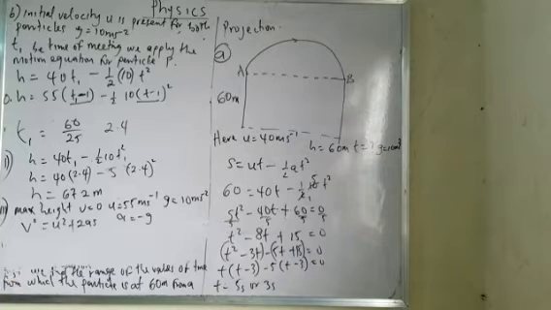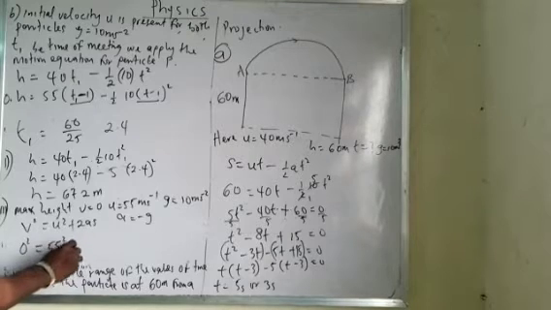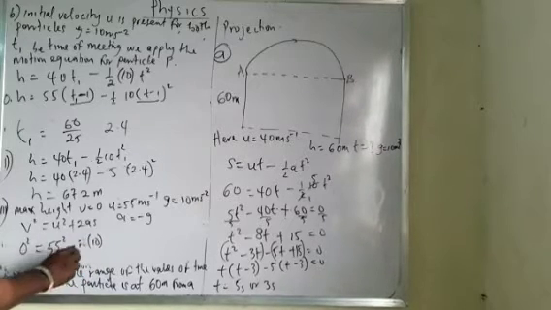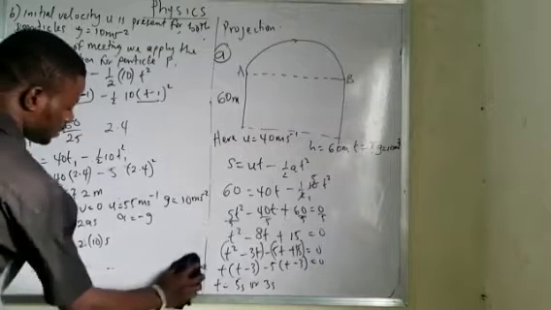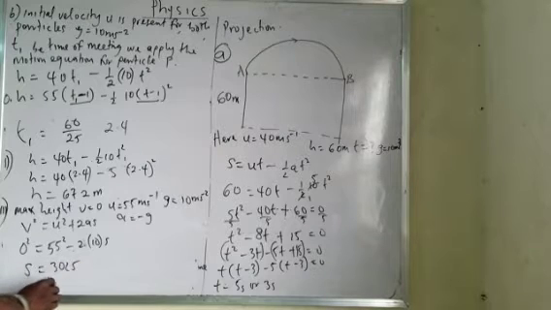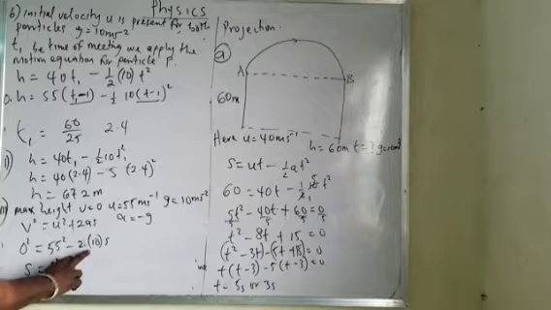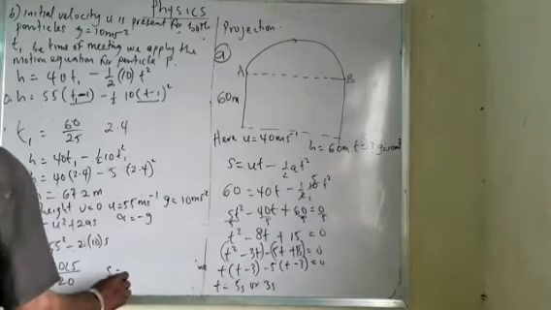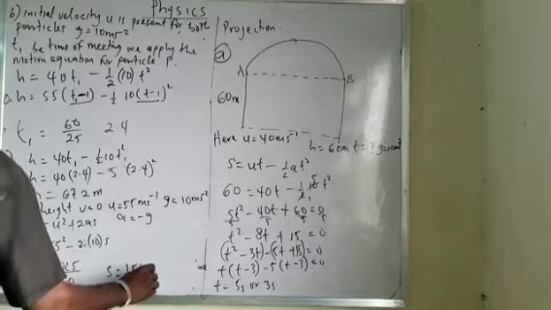Now, we have everything available. I can say 0 squared equals 55 squared plus 2 times minus 10, times X, which I don't know yet, which gives 20 X equals 3025. So my X will be equal to 3025 divided by 20, which is 151.25 meters.